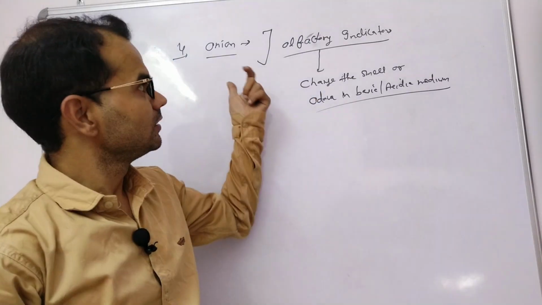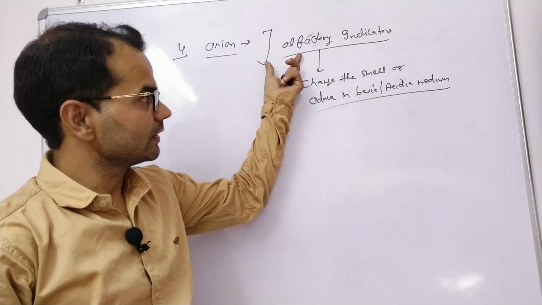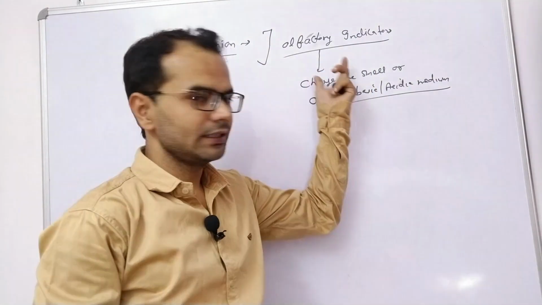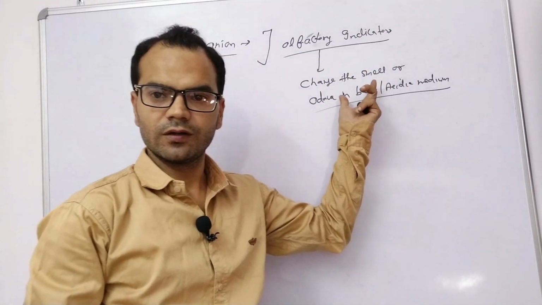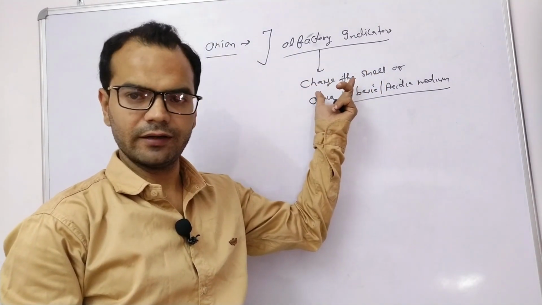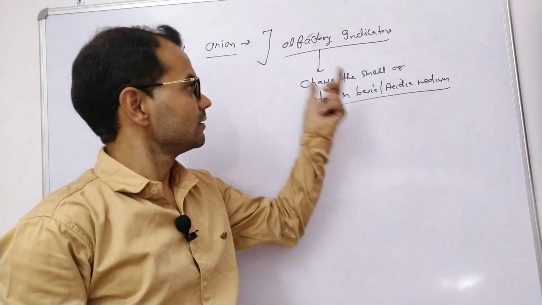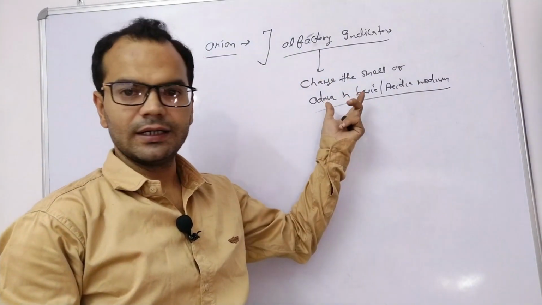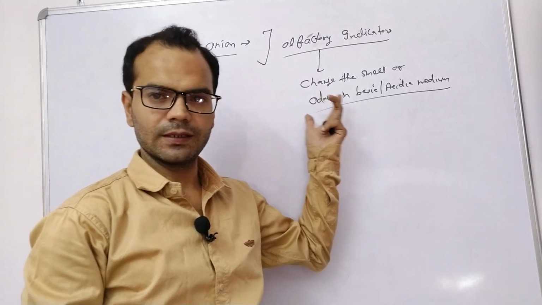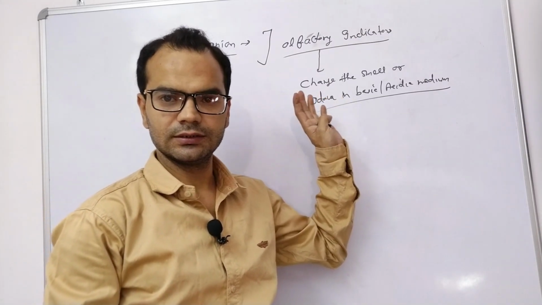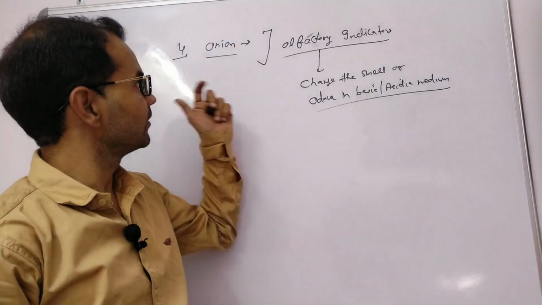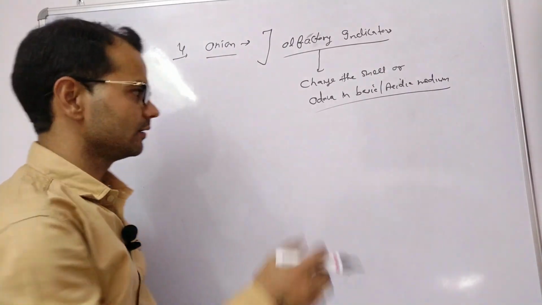These kinds of indicators are called olfactory indicators, and olfactory indicators are useful for visually challenged people who don't have vision, so at least they can observe the smell and can identify acid or base solutions. Easy. So what is the impact of acid and base on this onion smell?